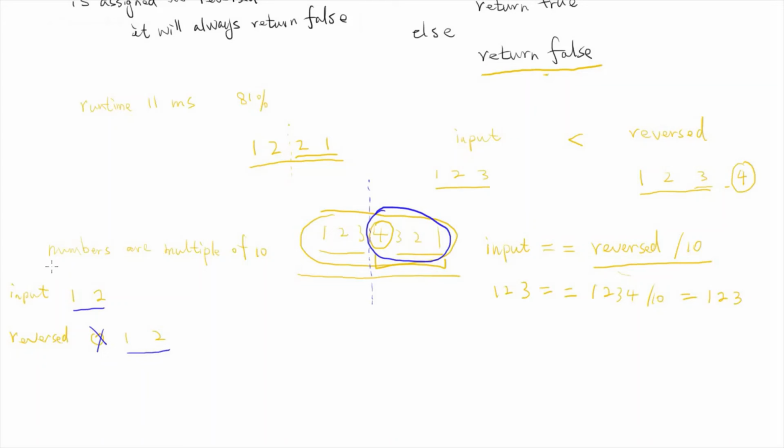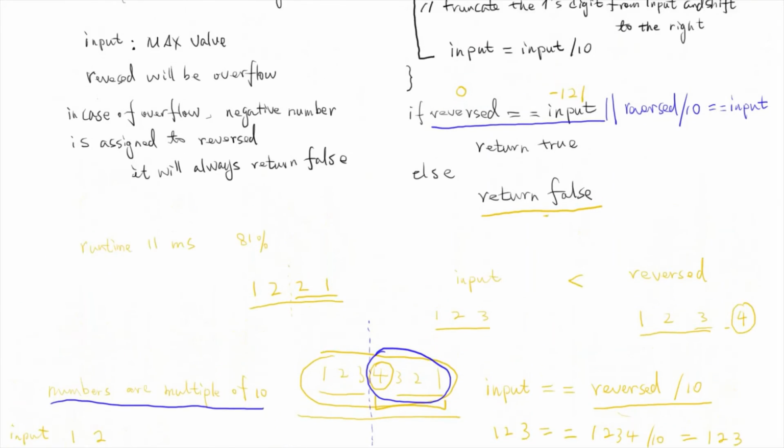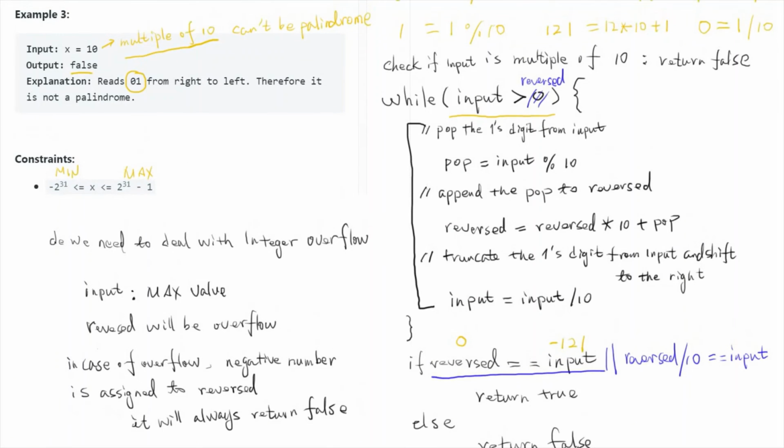So without dealing with the numbers which are multiples of 10, our solution will return true. But actually, 1, 2, 2, 1, 0 is not a palindrome. So we have to add one more condition in our solution to deal with the multiples of 10.